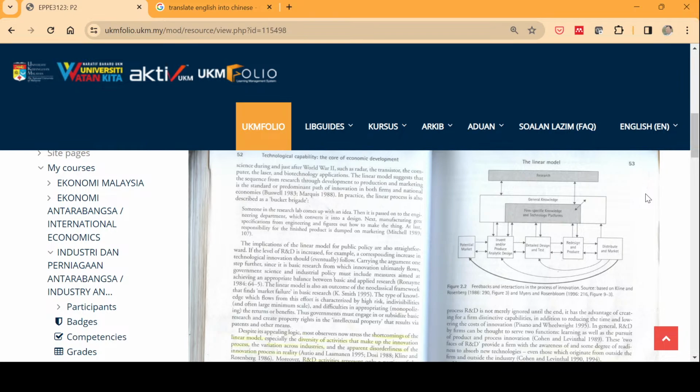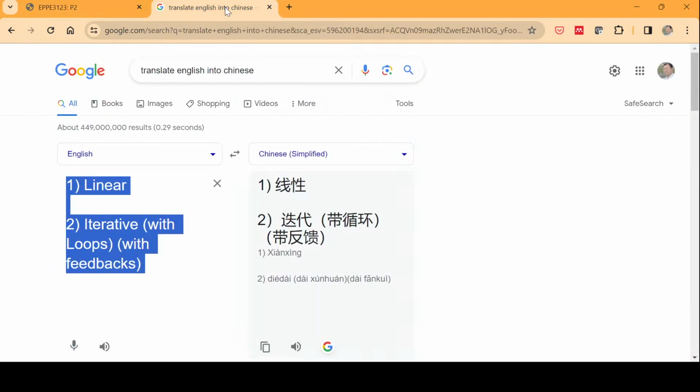That's why I say this iterative model, because with interactions, the second model, the iterative model.